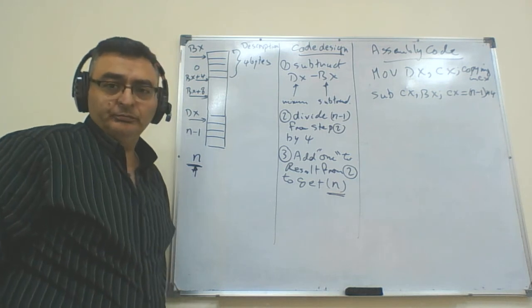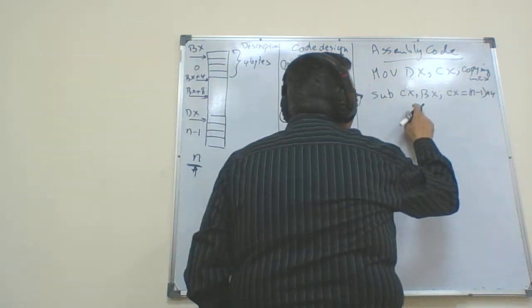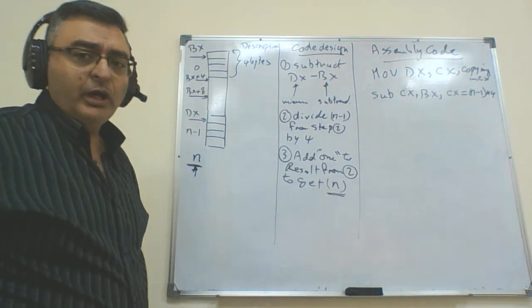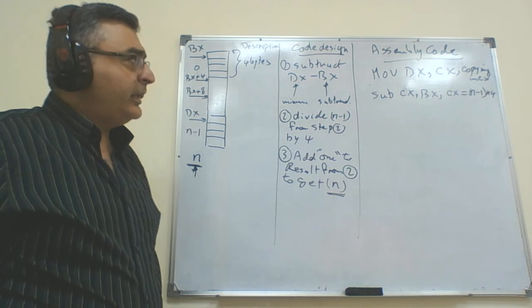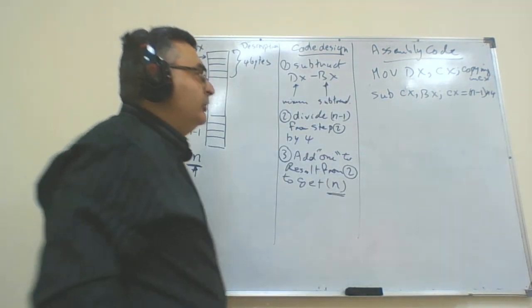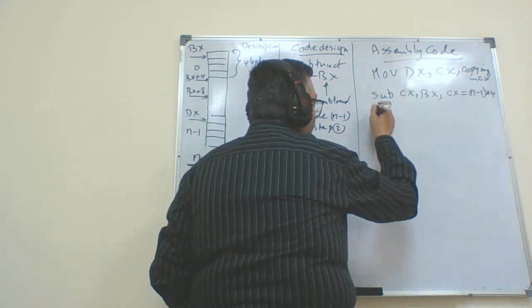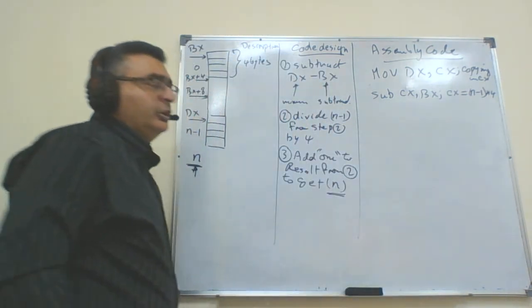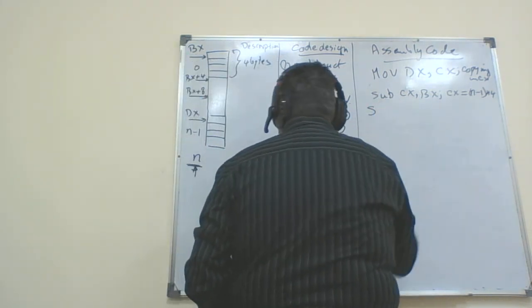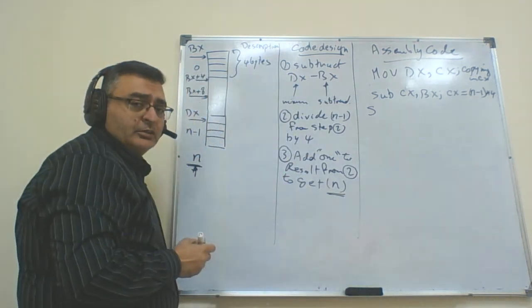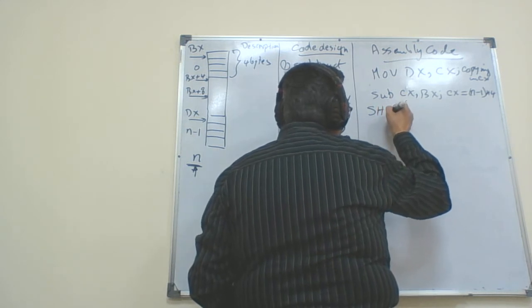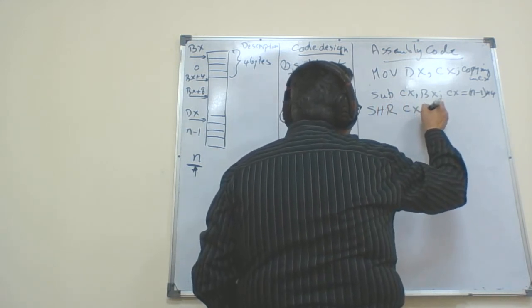Then I have to either make the division first, or add 4 to this to get n and then make the division. Up to you. Instead of divide, I want to shift. This is unsigned, so I will do a logical shift to the right, CX comma 1.